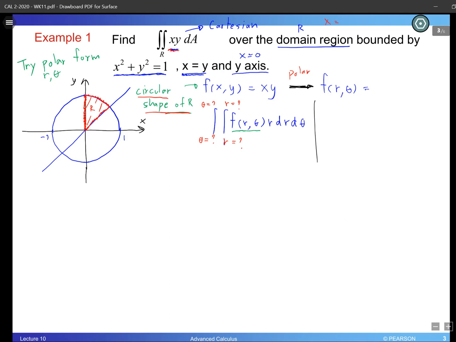If you forgot, you can go back and look at this. The relation between Cartesian and polar. First one, x equal to r cosine theta. Second one is r sine theta equal to y. Third one is the Pythagorean, x squared plus y squared equal to r squared. But let's stick with these two for now.